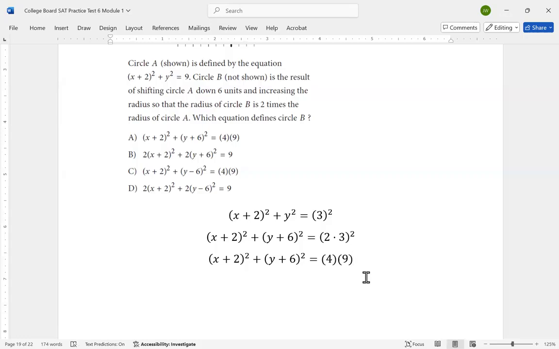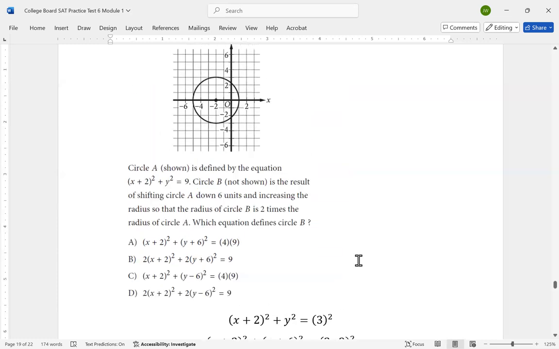So 4 times 9. And that tells me that the answer to 23 is option A: (x plus 2) squared plus (y plus 6) squared is equal to 4 times 9.